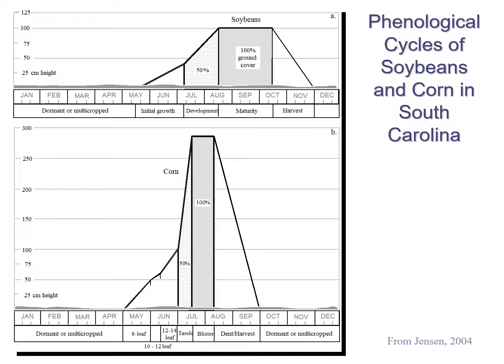So, how can we use some of this information? Well, here is some examples. This is the phenological cycles of soybeans and corn in South Carolina. What does all that mean? Well, that has to do with the maturity of the plants and how they grow. And this is in the same sort of area, two very different plants.